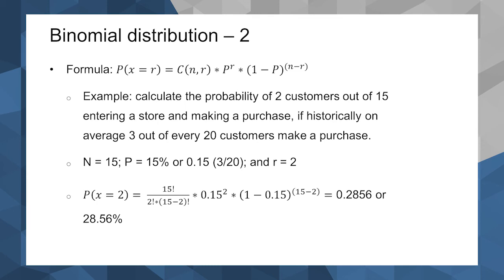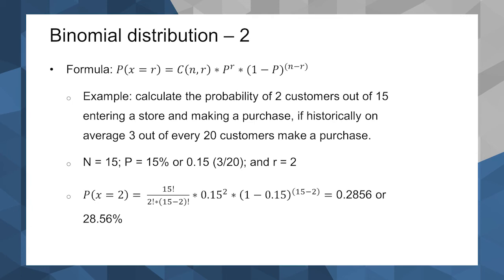In our case, this is likely to be a situation where we can use the frequentist because we could have been collecting data for a long time about the number of customers that come into the store and the number of purchases that they make. So we've got that here, 3 out of 20 or 15%.